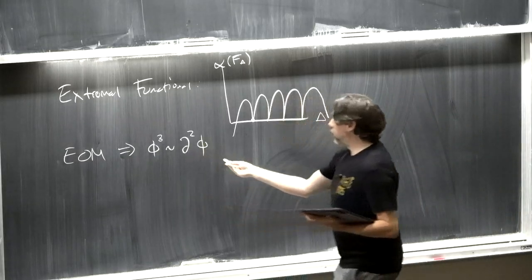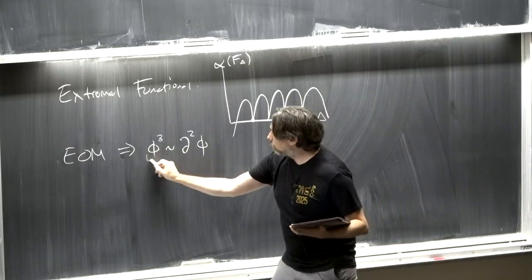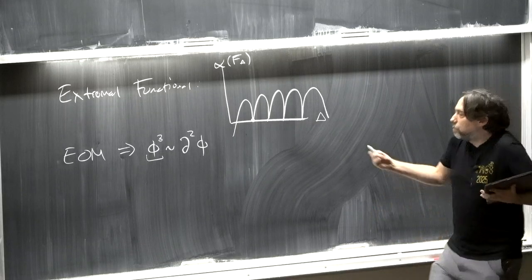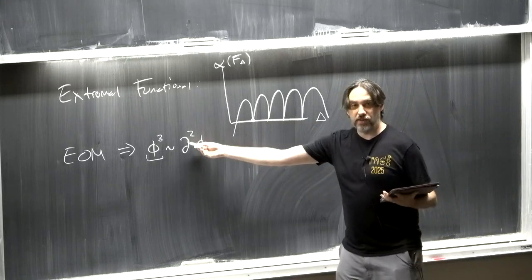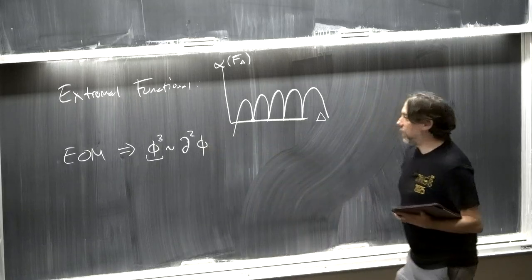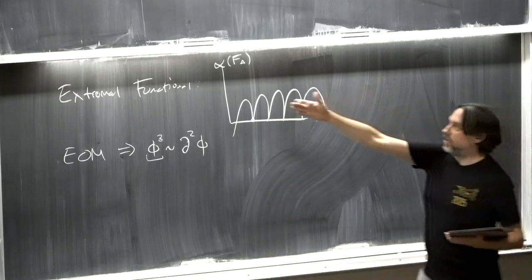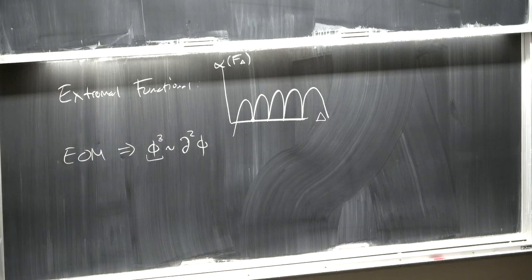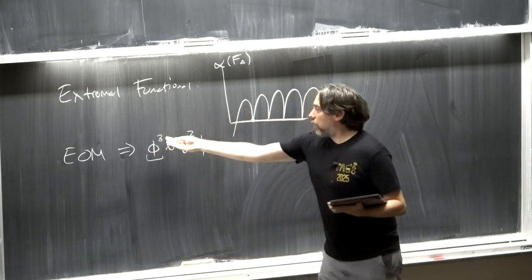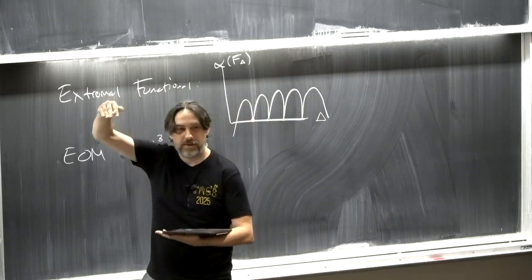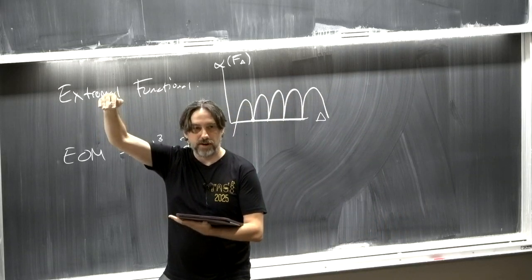Well, this is telling you that the phi cubed operator is not a conformal primary. It's a descendant. It's a derivative of something else, right? And since we're classifying things in terms of primary operators, this is a Z2 odd operator. What this is telling us is that there's going to be a big gap in the spectrum of Z2 odd operators.